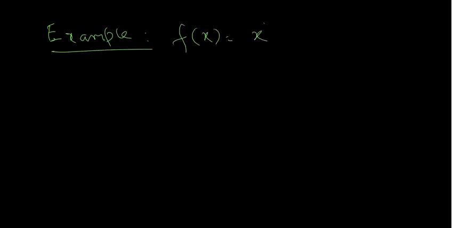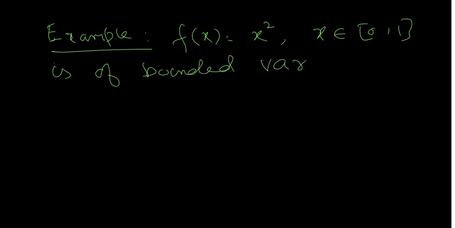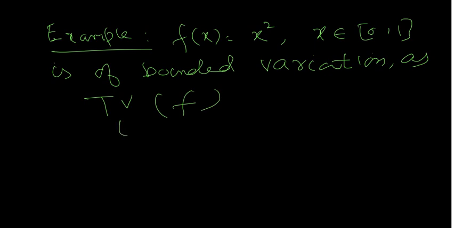So the example is this: f of x equal to x square, where x belongs to the closed interval [0, 1], is of bounded variation, as its total variation TV of f over the interval [0, 1] is 1, which is finite, and this function is actually monotonic increasing.